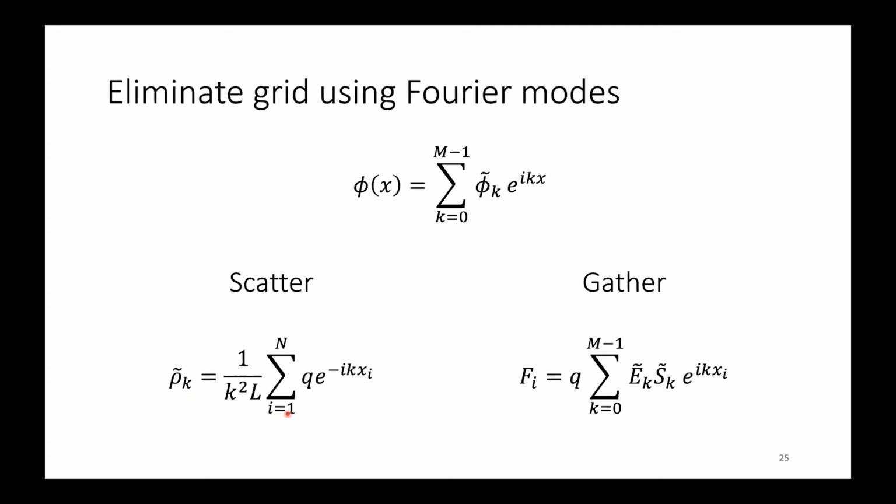For each particle, we are computing its contribution to the kth electric field, charge density mode. And then together, for each mode, we're computing its electric field contribution to the ith particle.